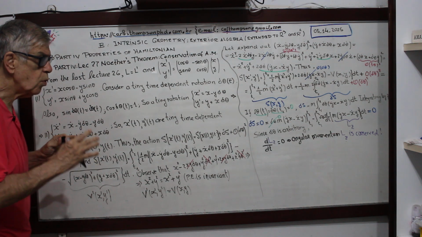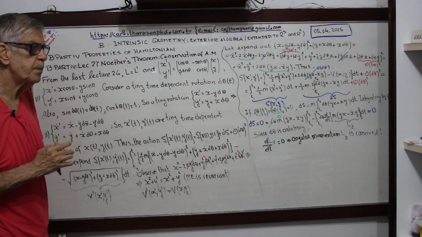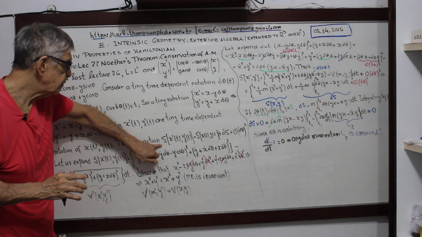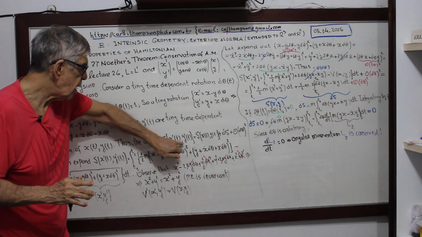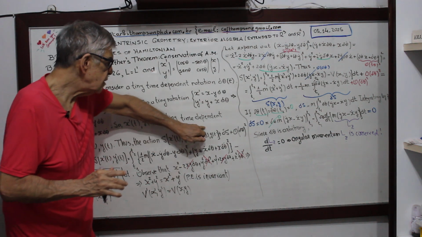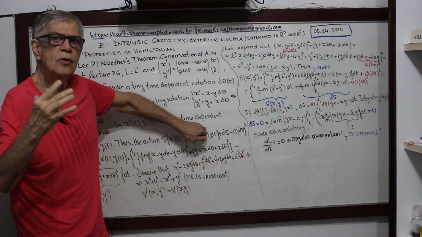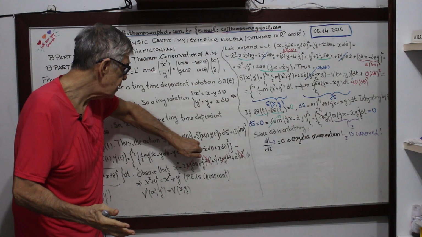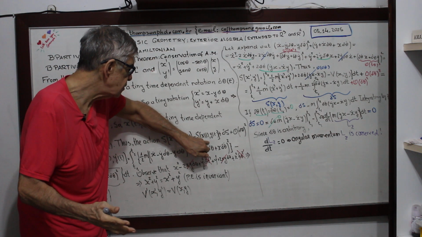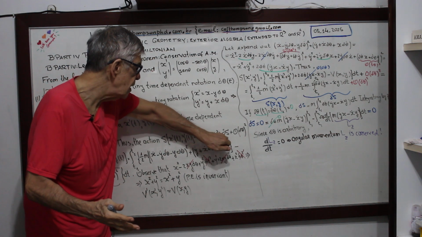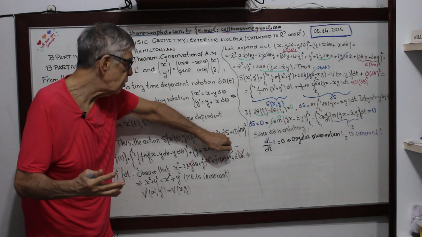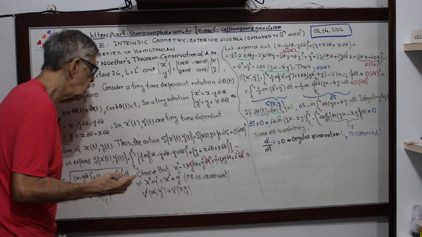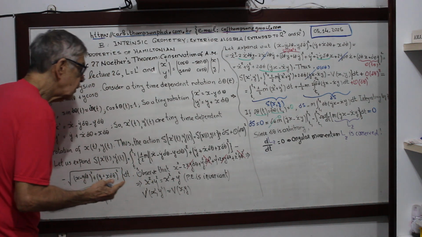Now I move to the action. The action here I call S. This is a function of x prime, y prime. This looks like a Taylor series expansion: S at x of t, y of t plus a small increment of delta S plus order of delta theta squared.